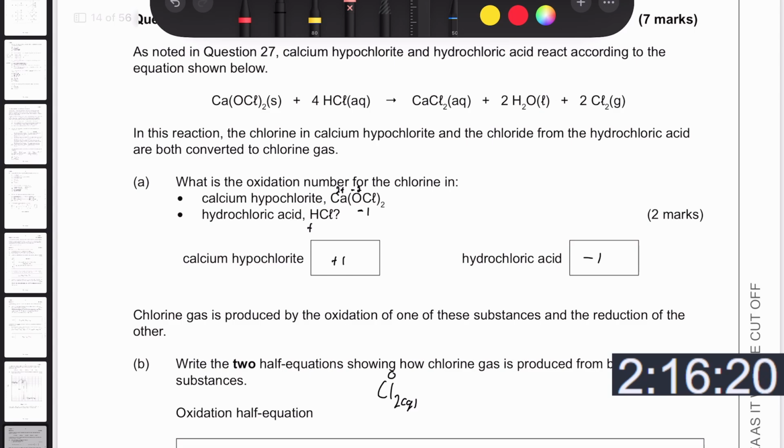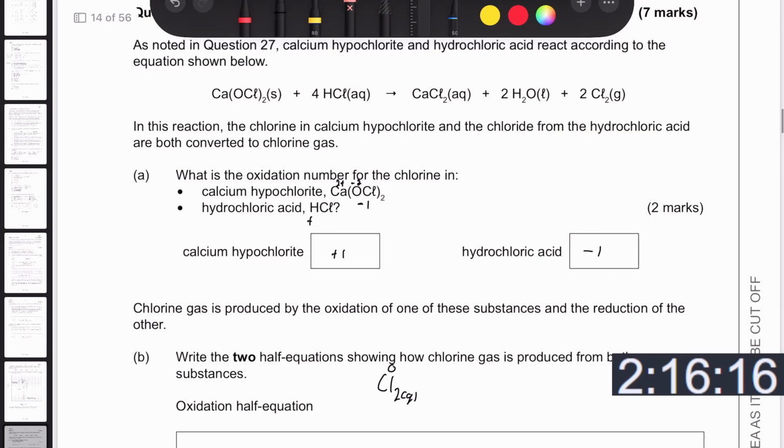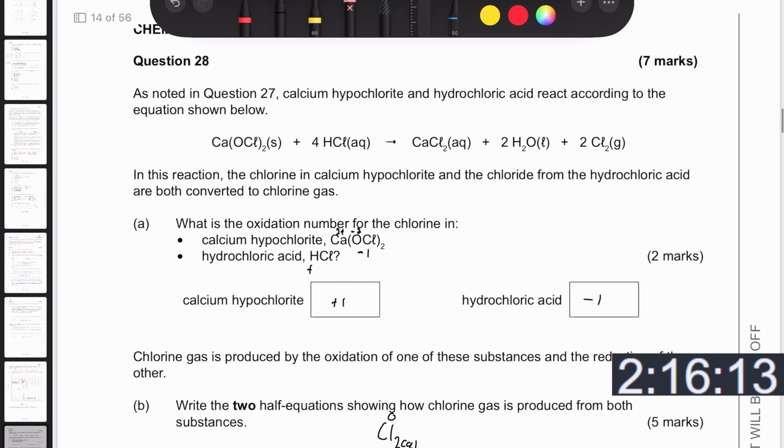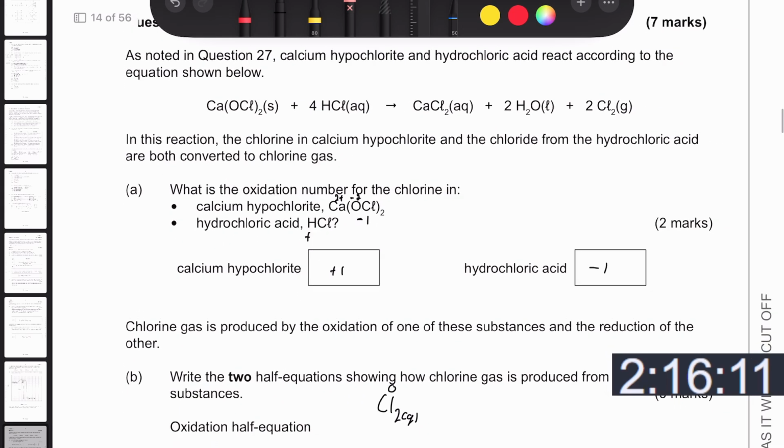In this reaction, the chlorine and the chlorine from the hydrochloric acid are both converted to chlorine gas. But how?